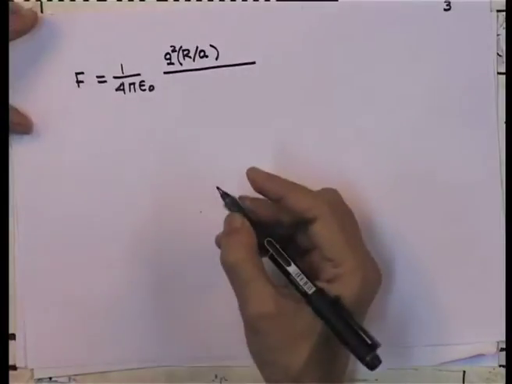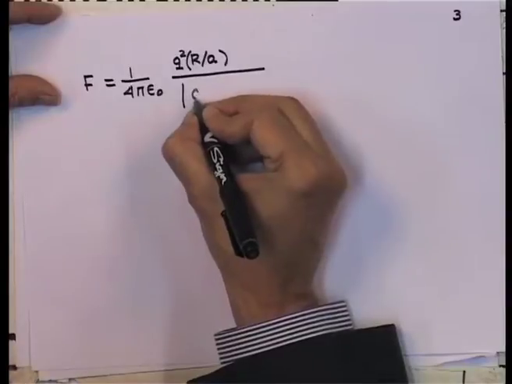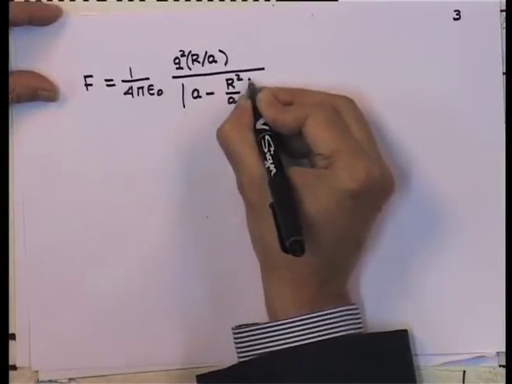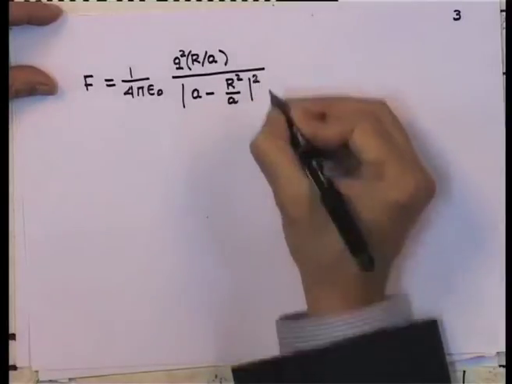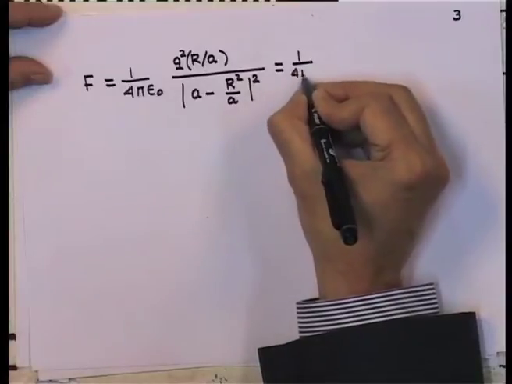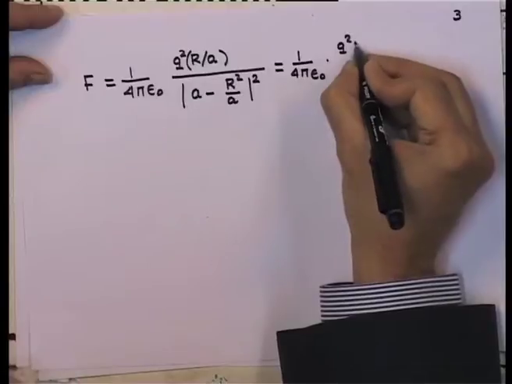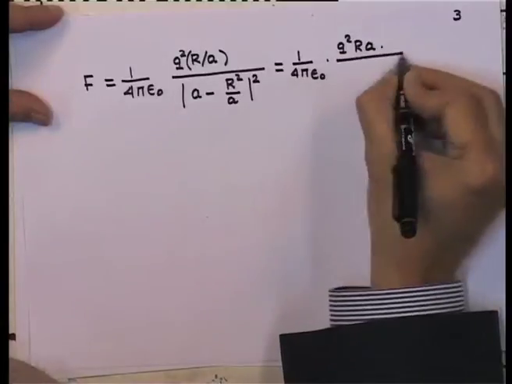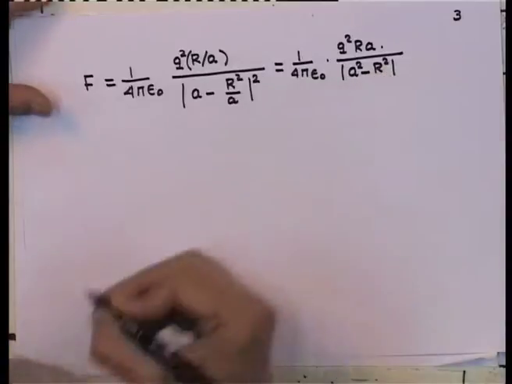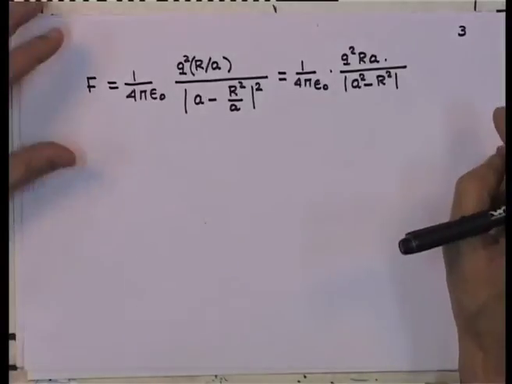So, this is an attractive force, and this is the distance between them, which is a minus r square by a, which is my b, and this quantity whole square. So, this you can of course simplify and write it as 1 over 4 pi epsilon 0 times q square r a divided by a square minus r square. The force is attractive because one of the charges is positive and the other charge is negative.